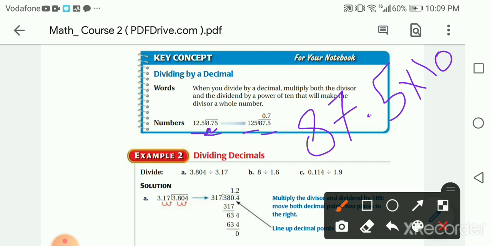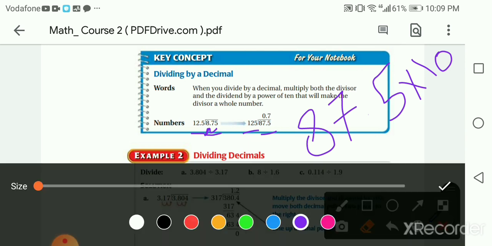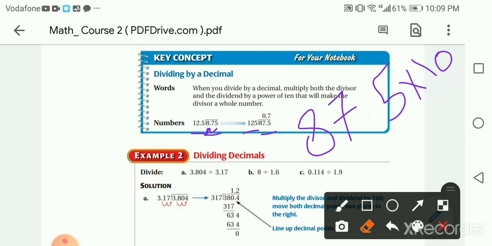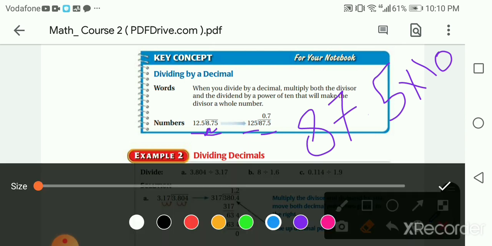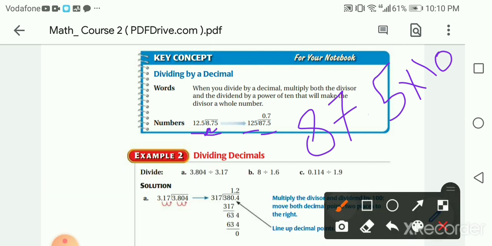Let me write it: 8.75. What should I do?